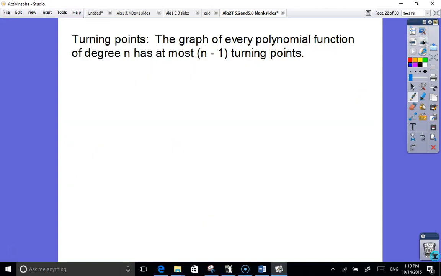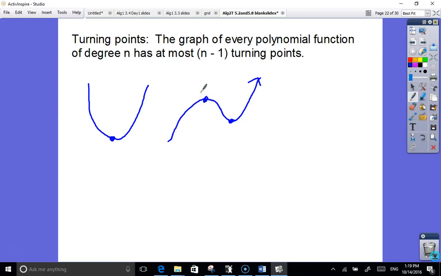So you copied this one as part of the extra credit homework. The turning point of a parabola is the vertex. The turning points of a cubic are these 2 points right there.